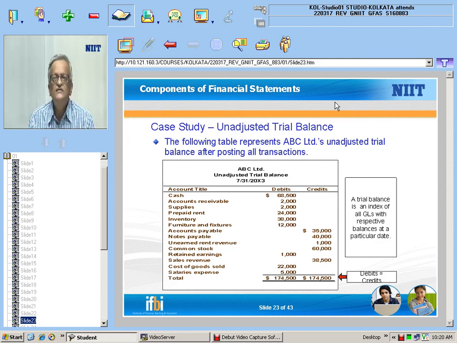A trial balance is an index of the general ledger (GL) with respective balances as on a particular date, and the most important point is that the debit side must tally with the credit side. This type of trial balance, before any accrual and deferral is taken into account, is called an unadjusted trial balance.